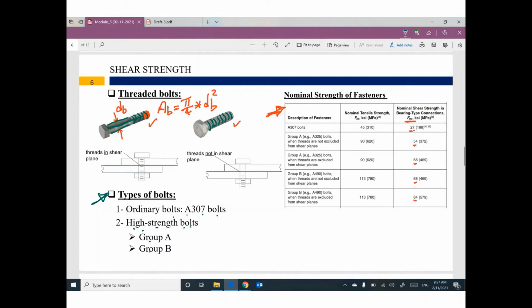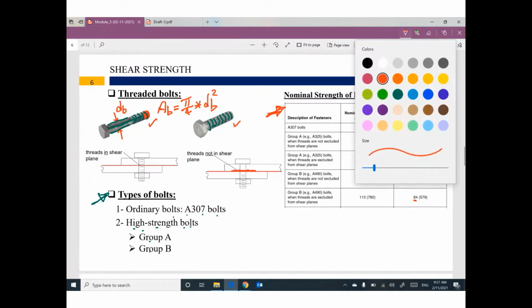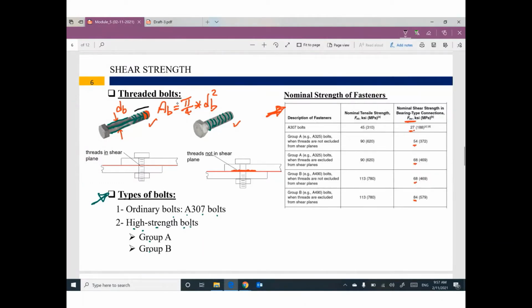We need to determine whether the shearing plane goes through this threaded part or not. So if you go back to this table, the first type of bolt, the ordinary bolt, has a value of 27. That's it.